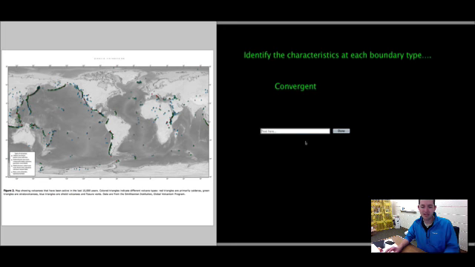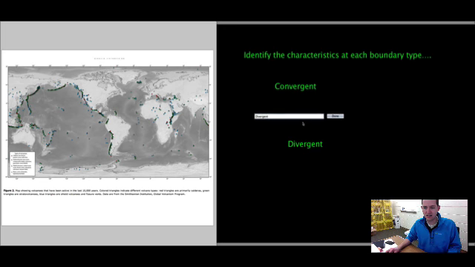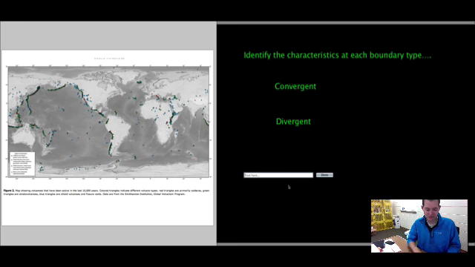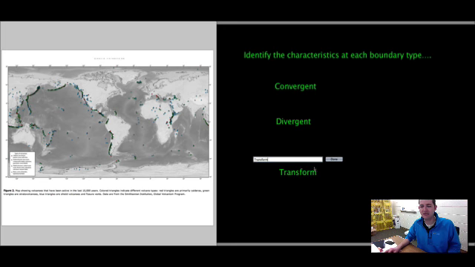Another type that we have is divergent. And our third type that we are looking at is transform. Okay, so we're going to have these three boundary types, and we're going to add some classifications next to each of these. We're looking at what happens with earthquakes, volcanoes, the seafloor age, and the height and the depths of the oceans at those places.